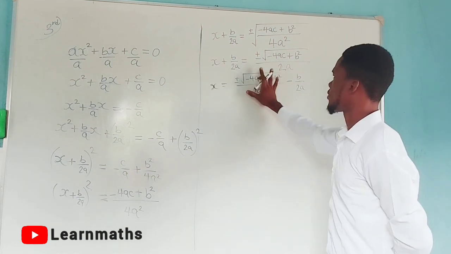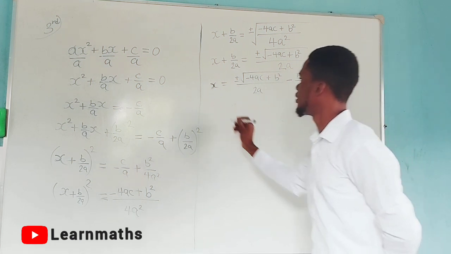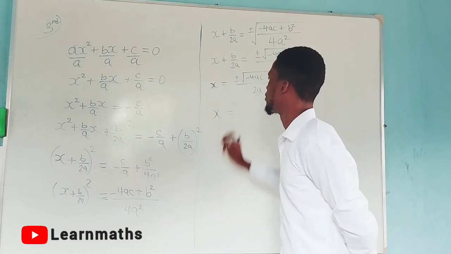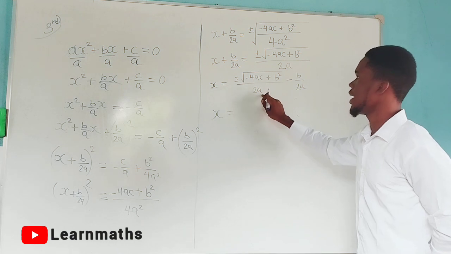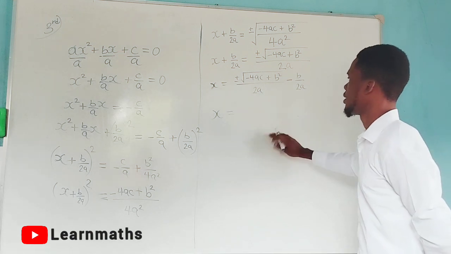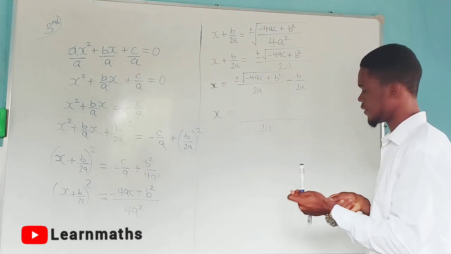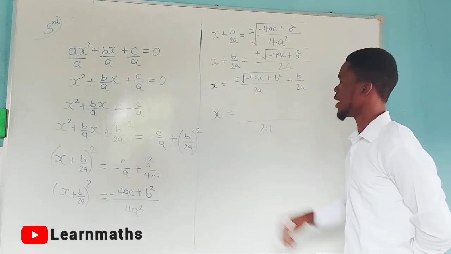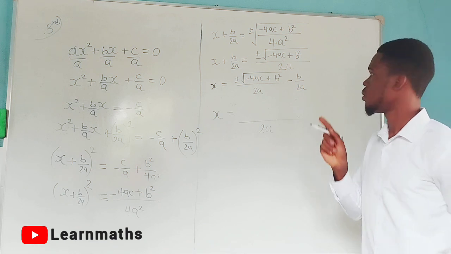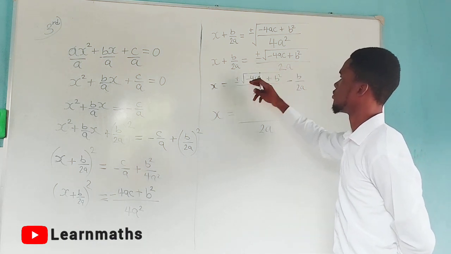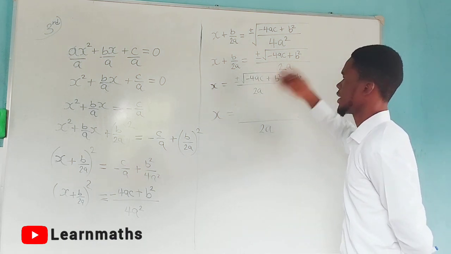Now we put this fraction and this fraction together. So x is going to be equal to the LCM of 2a and 2a, which is 2a, right? Now 2a divided by 2a is 1. 1 times plus or minus the square root of negative 4ac plus b squared, that's the same thing.